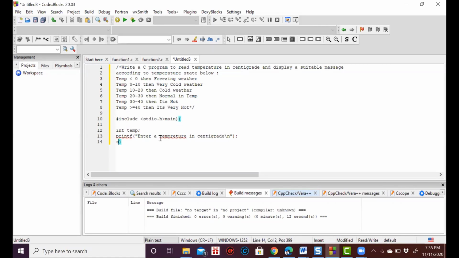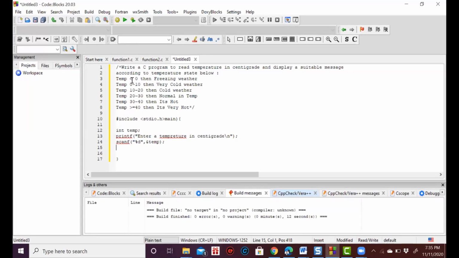Okay, and then scanf %d, ampersand, temp. Okay. Then now the important part here.